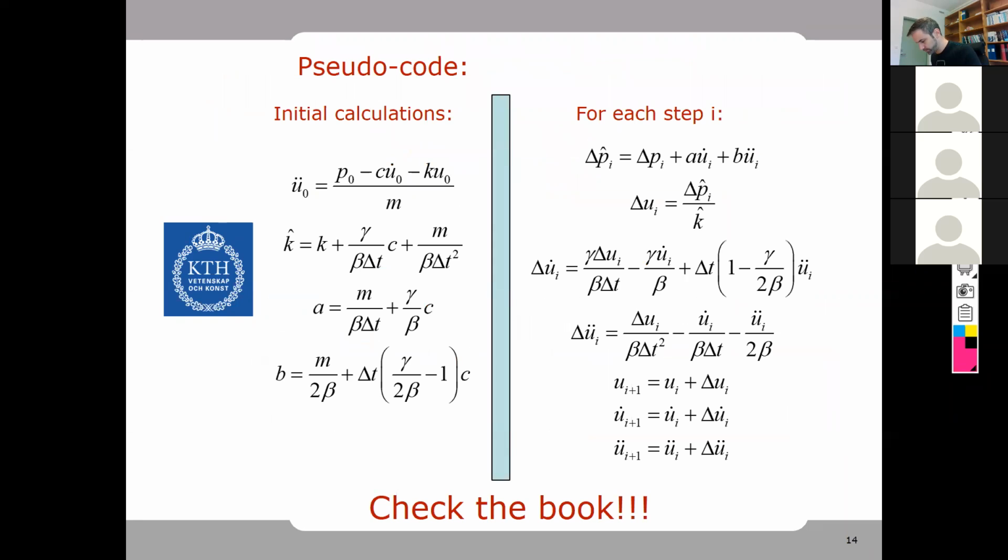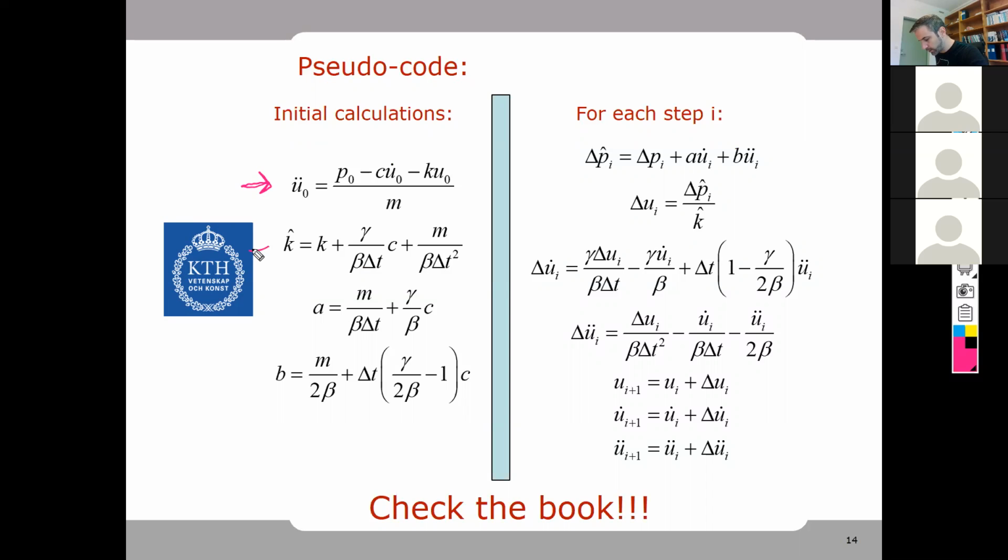And now we go to this. Just as in the previous time, we have some initial calculations on this half of the slide that we need to perform only once. We calculate an initial acceleration based on the equation of motion.